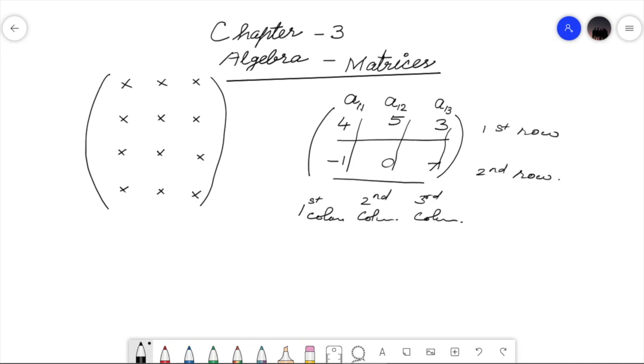What is the position of minus 1? It is A second row first column. What is the position of 0? It is A second row second column. Position of 7, it is A second row third column. Are you clear, ma? How to find the position of the elements in the matrix.